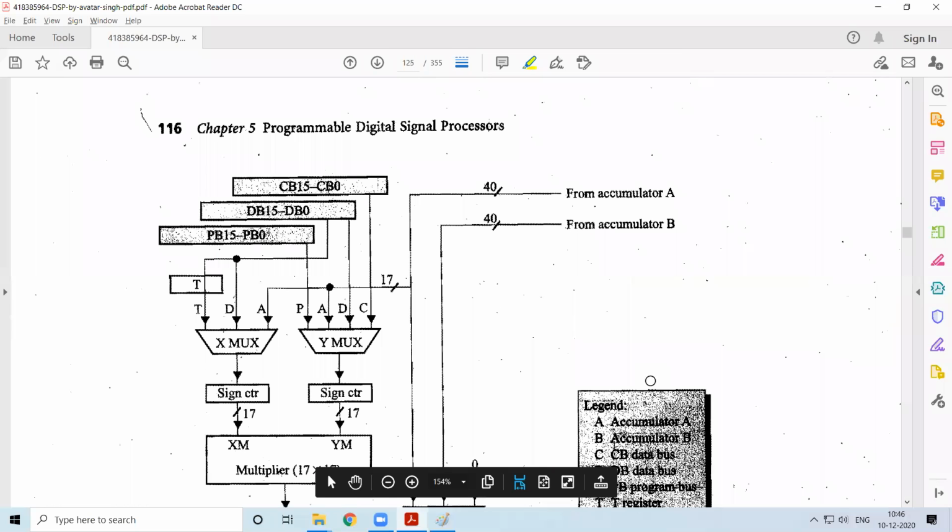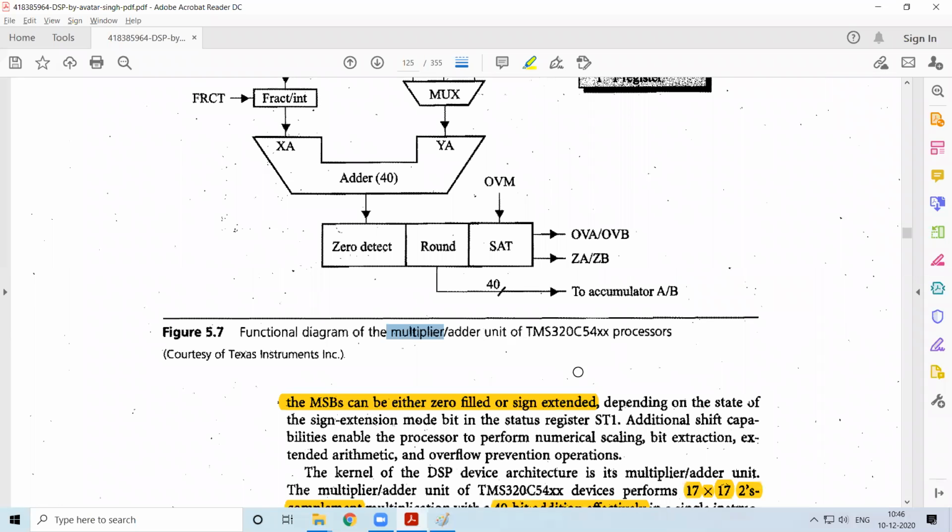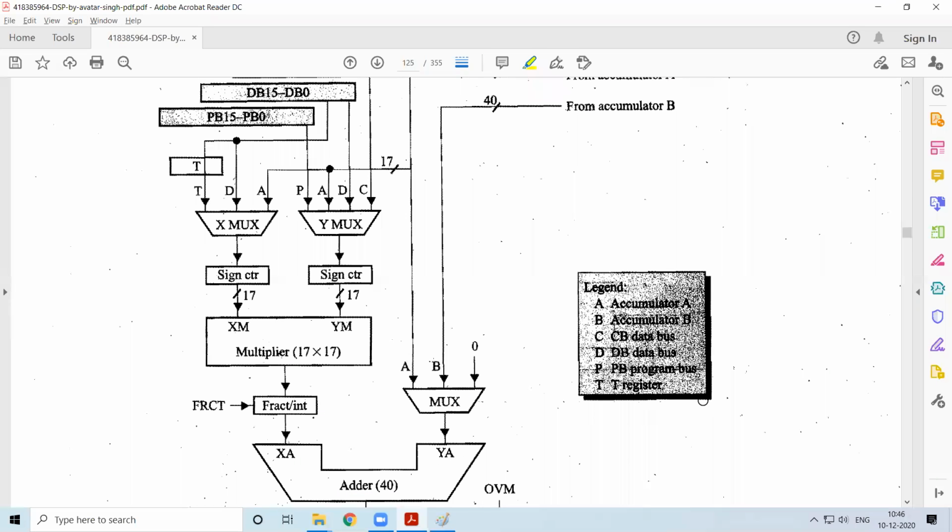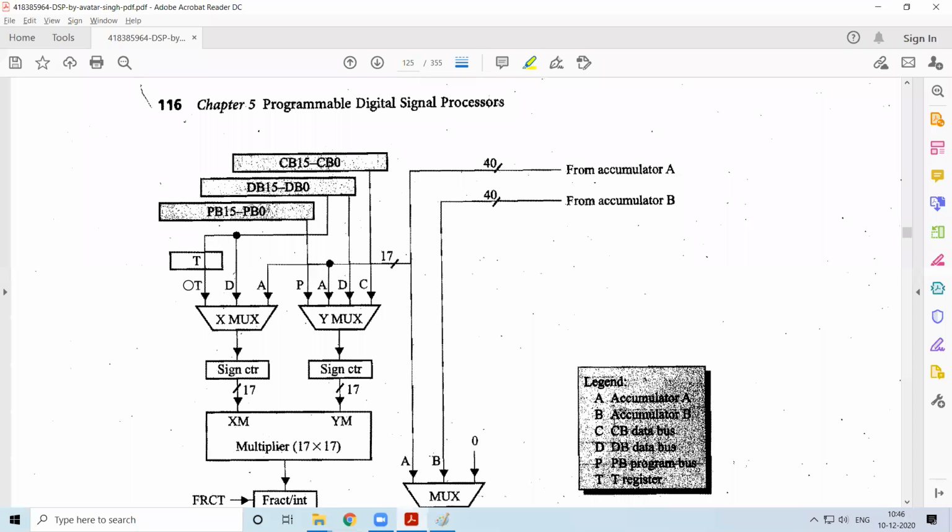Then we have the multiplier and the adder unit. So here we can see that we have data from the temporary register, data from A, and data from the program bus, then we have the data from the other two buses. So here data from both the accumulators will be present.